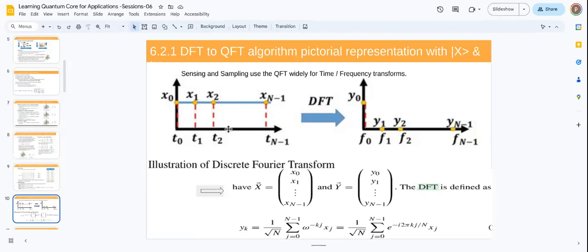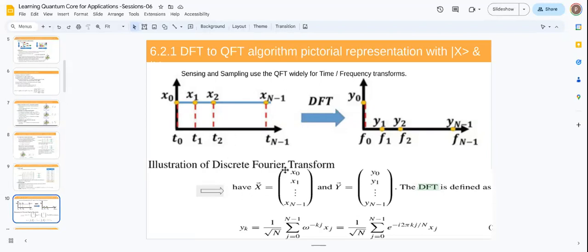Transformation from time to frequency domain in signal processing is done continuously, whereas in our case we talk about the discrete Fourier transform. The same transformation principle used for time to frequency can also be applied to quantum. That means whatever is DFT can be applied to quantum.